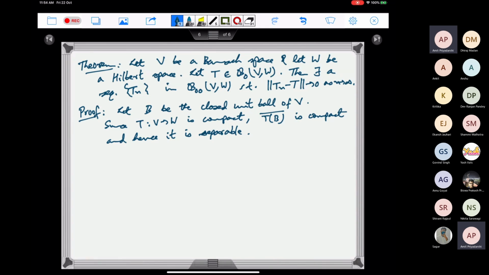Since this is compact, it is separable, and then this is now a separable subspace of this Hilbert space W. Right. So for a separable Hilbert space, we know that we can find an orthonormal basis, a countable orthonormal basis.